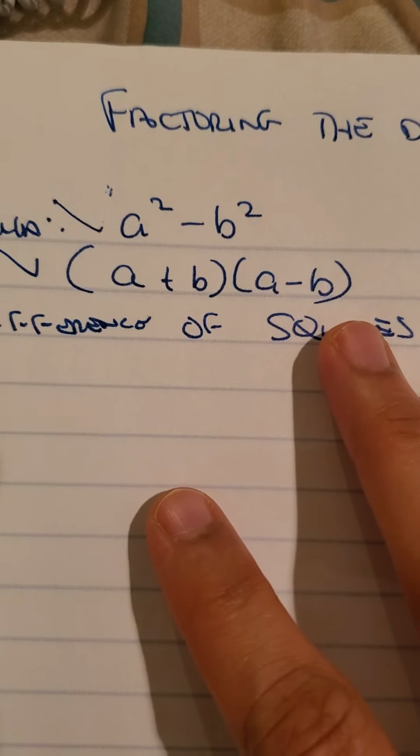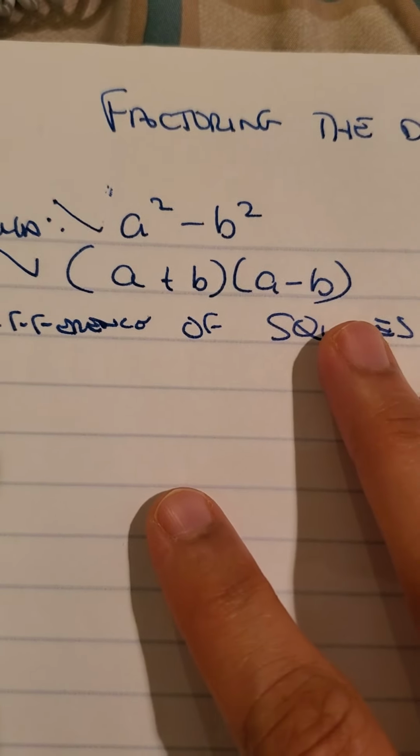A times negative b is negative ab. Positive b times positive a is positive ab, and positive b times negative b is negative b squared. You see what happened? We have these like terms that cancel out: a negative ab and a positive ab give you 0. So we're left with a squared minus b squared. Okay, so let's jump right in.